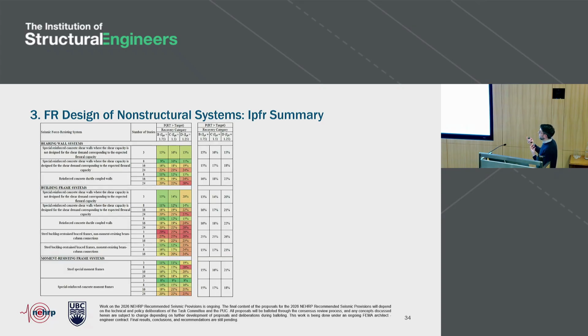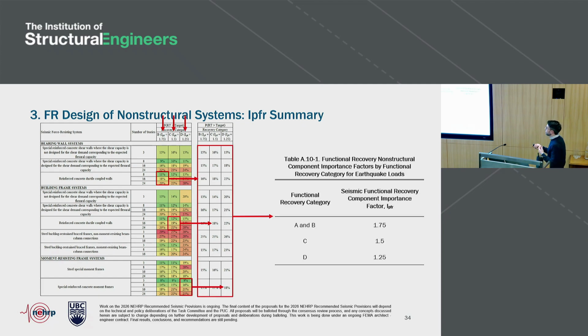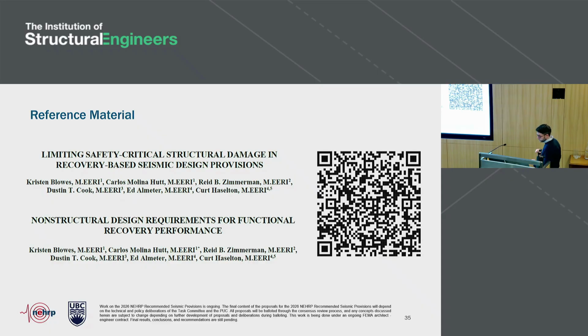And because we sometimes have multiple heights for any given system of choice, we then average those and repeat that exercise across recovery categories to then come up with values that would effectively meet our requirements across the board, with, you might see something that slightly exceeds 25%, but in general, this was the preferred approach, so we were not introducing unnecessary conservatism in the design, and this is what led to these IPFR recommendations that we introduced in the standard. So this is a lot of information that I'm providing at a very high level.